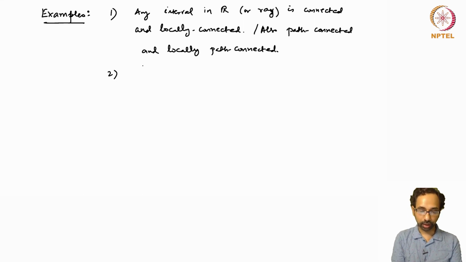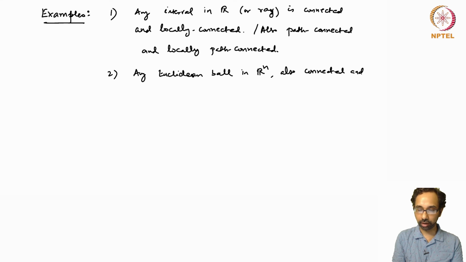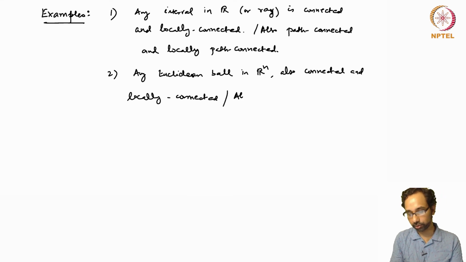On the other hand, if you take any Euclidean ball in R^n, then it is also connected and locally connected, and same as above, also path connected and locally path connected. So let me just write path connected PC and locally path connected LPC.